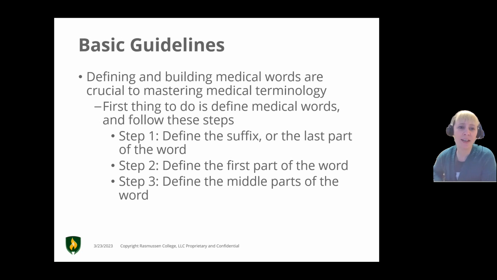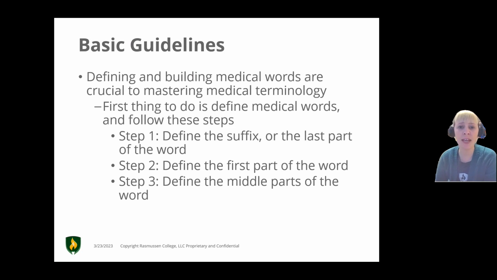Some of the other basic guidelines that you want to follow when you're defining and building medical words are crucial to master medical terminology. The first thing that you want to do is define the suffix. Now, I know that seems a little strange because normally wouldn't you want to start with what we're focused on? What's the word root?